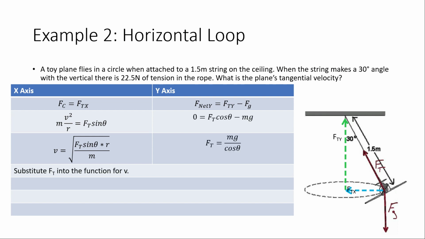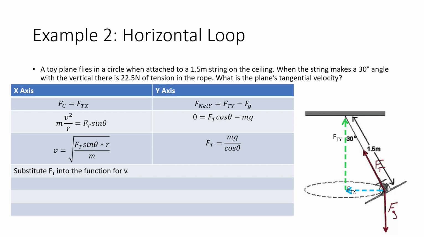My F net y should equal 0. And if my F net y equals 0, then I'd have my tension cos 30, which is my y component, minus m times g, that's gravity, equal to 0, and that allows me to solve for the force of tension as a function of mass, gravity, and the cosine of theta.